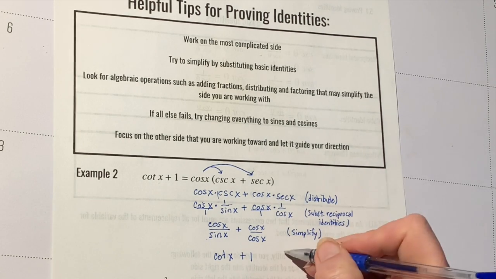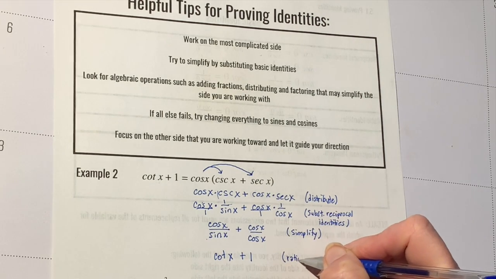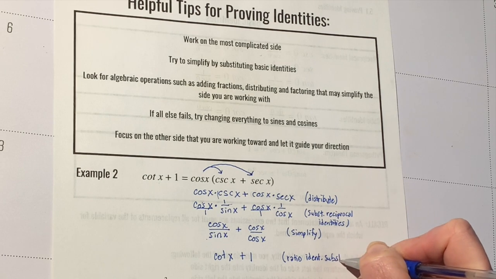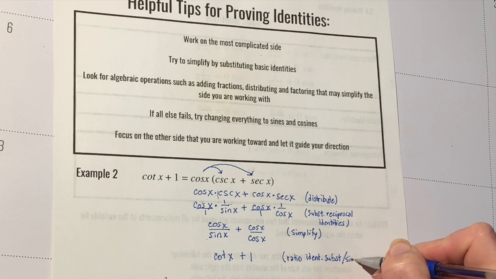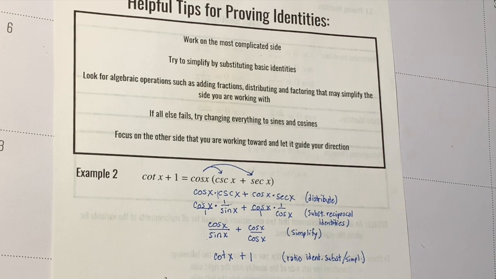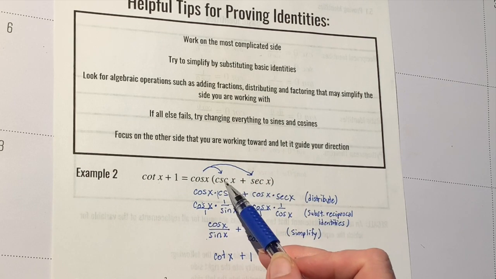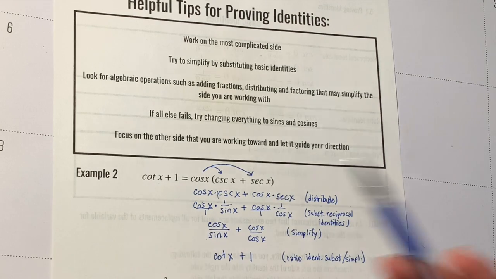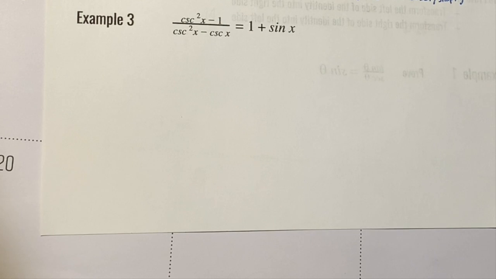And then here I did a ratio identity substitution. And then of course I just simplified. And I have shown that cosine times the quantity of cosecant x plus secant x is indeed equal to cotangent x plus 1.